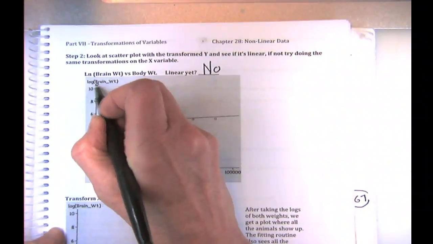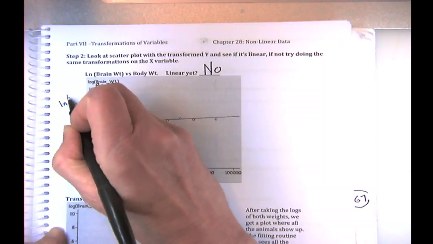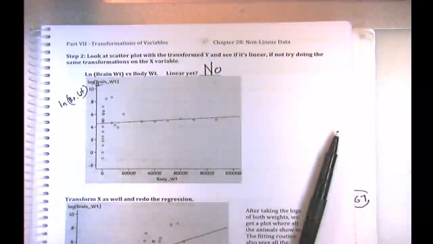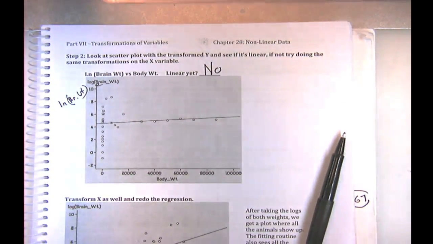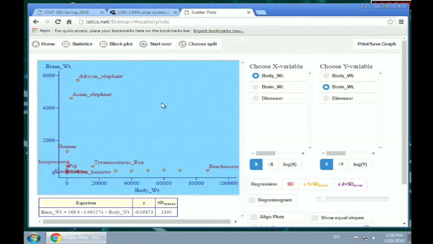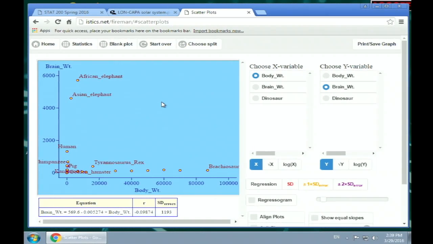This is log base e. I should write ln here of the brain weight. Okay, so we have this. Now, what do we want to do? Look, we have this ridiculous correlation coefficient here.